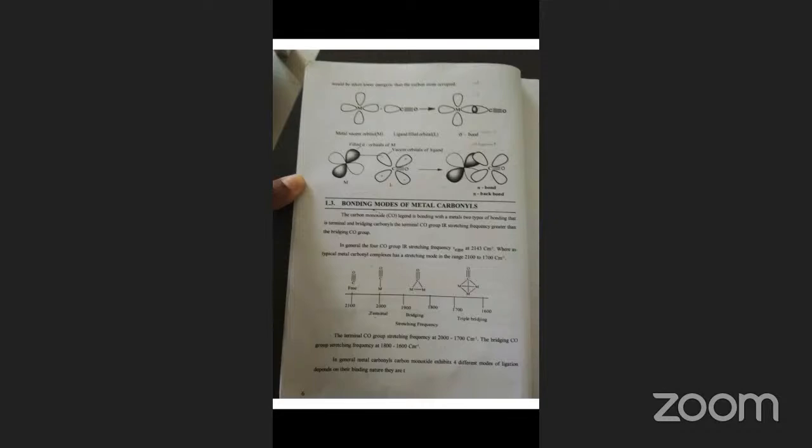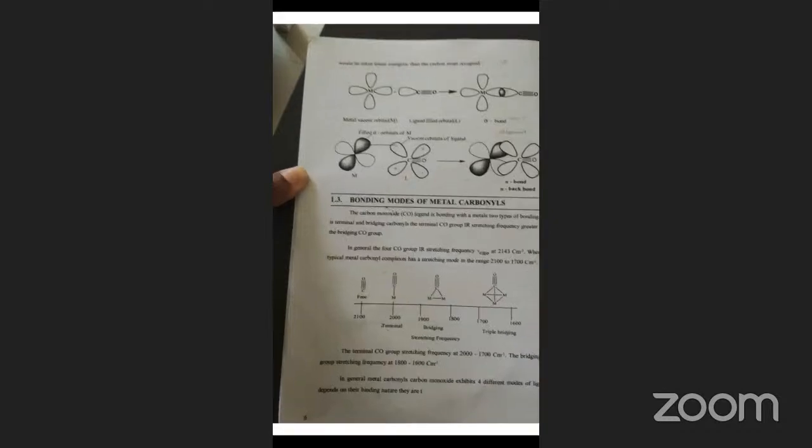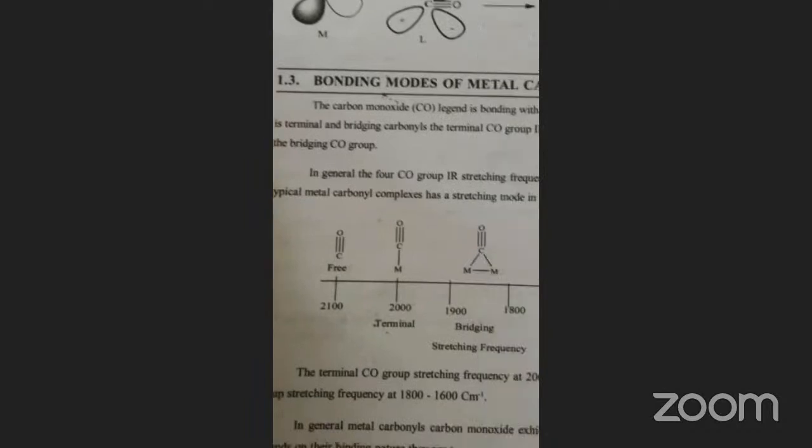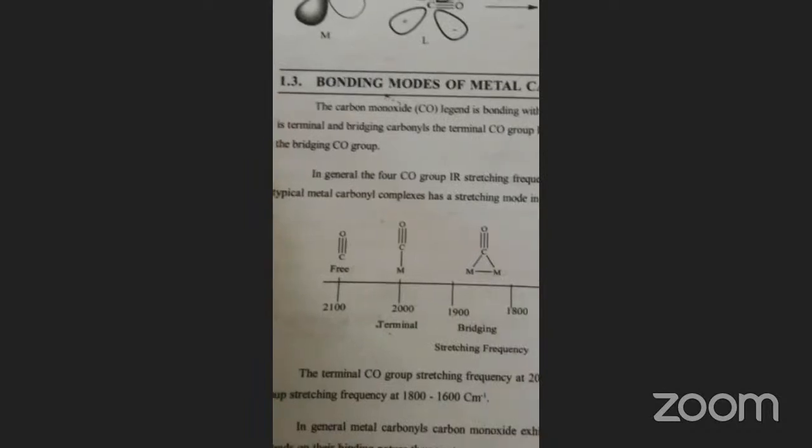Let us see. If the IR value is at 2100, that means the common CO bond takes place. If the carbon monoxide and metal IR frequency range is around 2000, the terminal carbon is bonded with the metal.